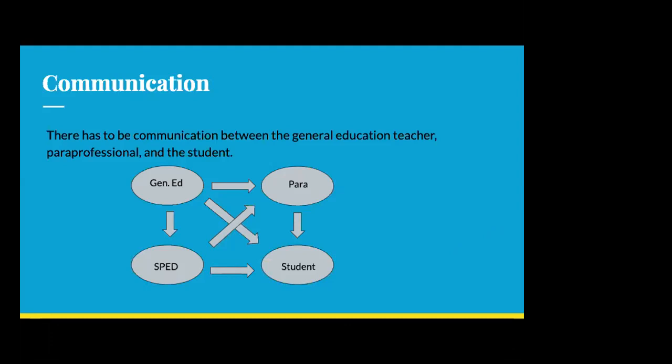So there has to be communication between the general education teacher, the paraprofessional, and the student, and the general special ed teacher. Forgot that in there. It's in the picture, it's just not in the words. So those four people really have to talk a lot. And with as many special ed kids as you might have in your room, you're going to be talking to those people quite a bit about just the different students that you have.